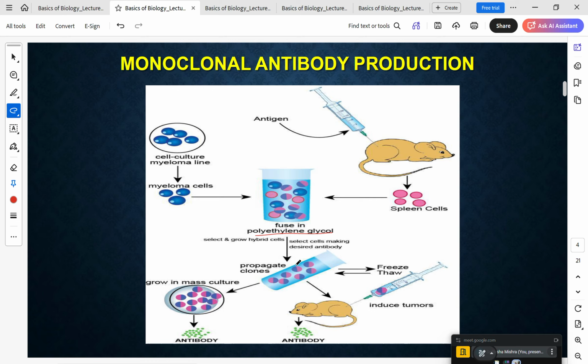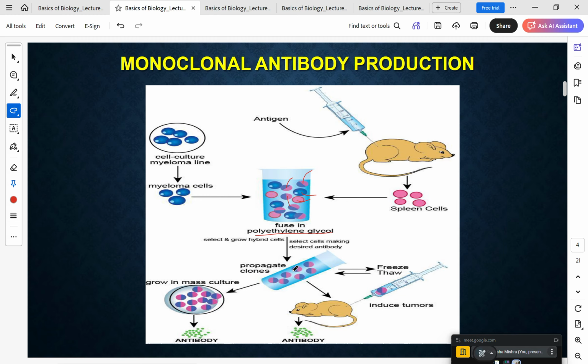So each cell becomes one clone. So this is one clone, this is one clone, this is a negative cell, this is a negative cell, this is one more clone. The cells are allowed to grow separately from a single clone, so they will produce antibody of a certain kind. Then these clones are propagated, grown in mass culture, and then they can produce antibodies.